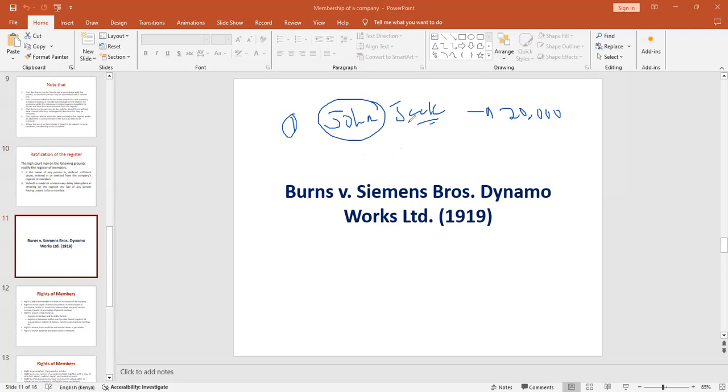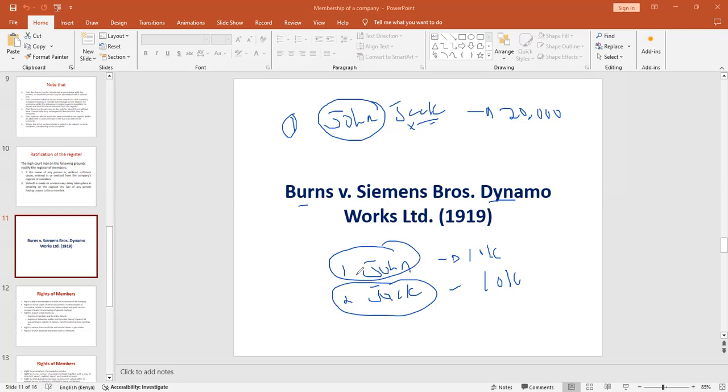So in this case, Jack, or in basically Barnes, that's the thing, they were suing the company to have the register changed so that their name can be entered as John, number one, and number two, Jack, okay, with the corresponding shares. So let's say 10K, 10K, meaning, so now each person gets to vote based on the shares they have, even though they bought the shares together.